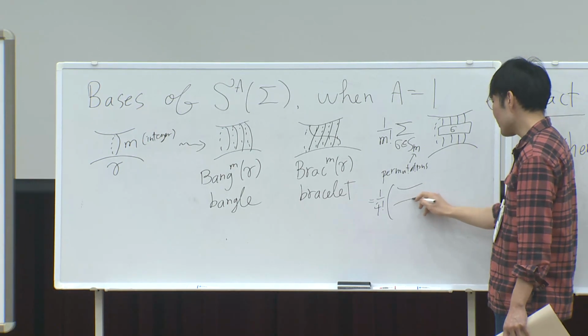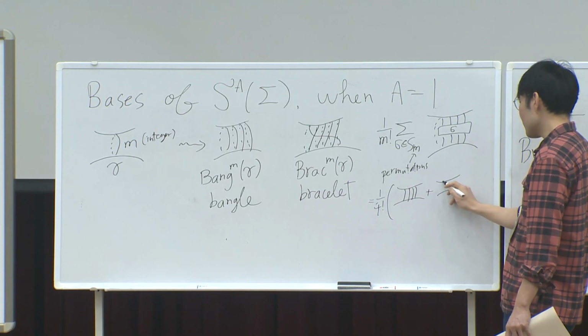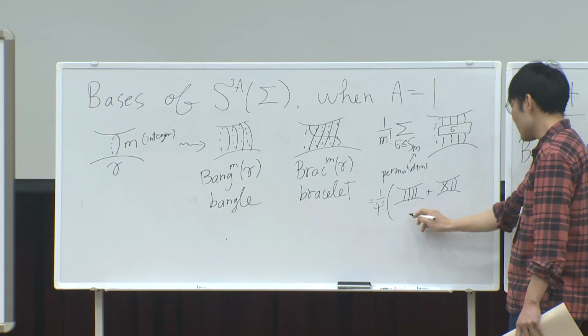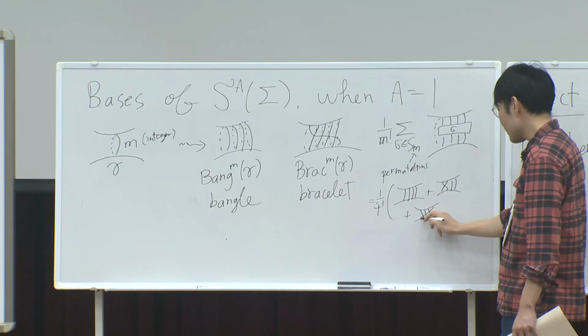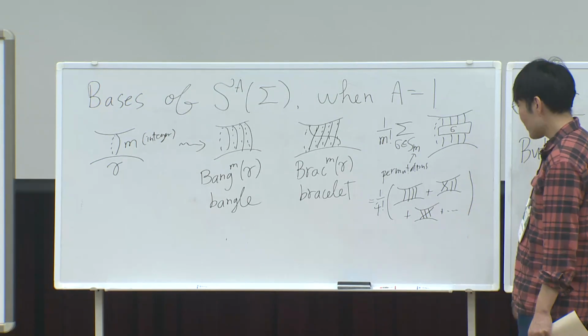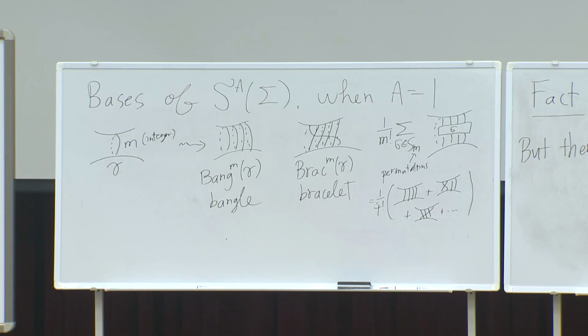so all possible ways of connecting up and down. There will be many, well, so you do sum of all that and then normalize.